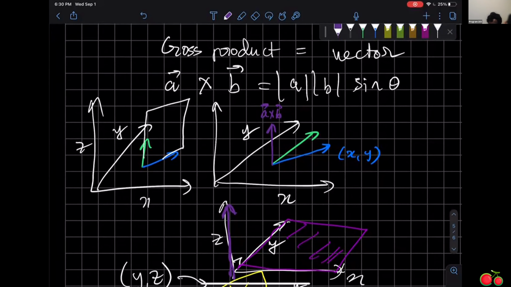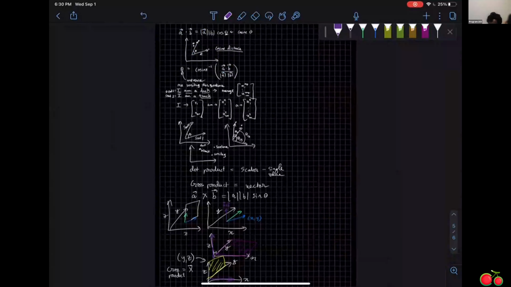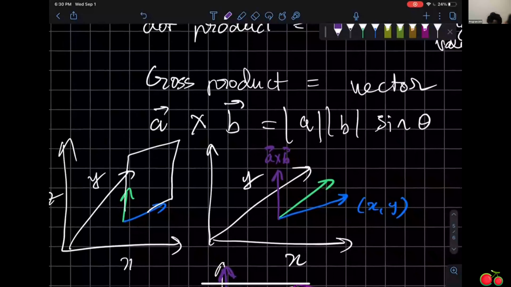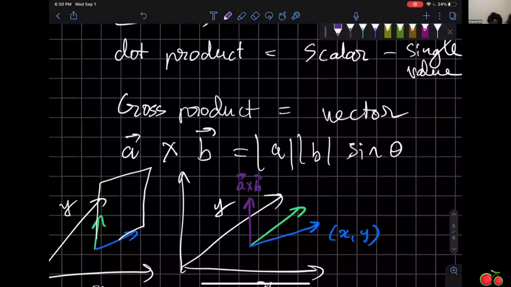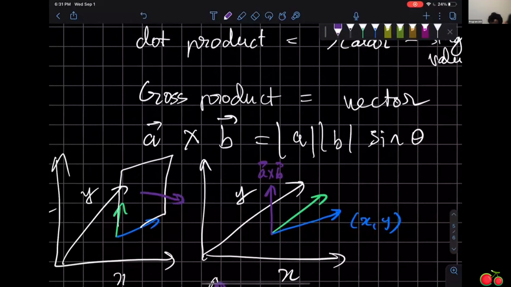And then my Z, any vector perpendicular to this, that's where my cross product will be. It's much easier to see in 3D, but the basic idea is that the cross product will give me a vector in the perpendicular direction.